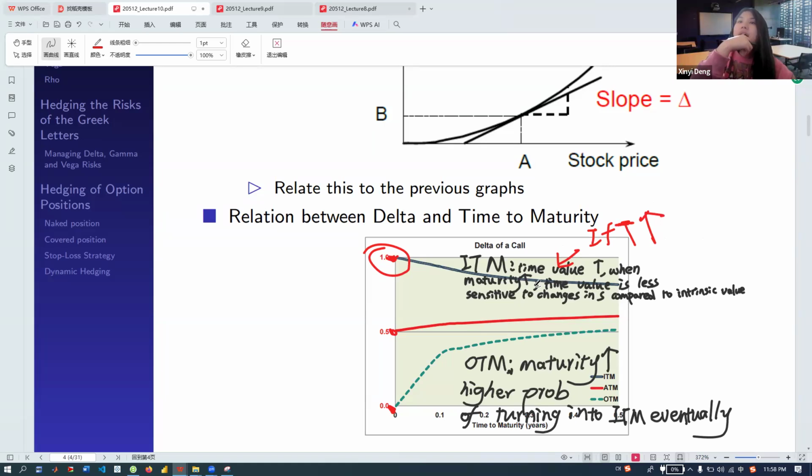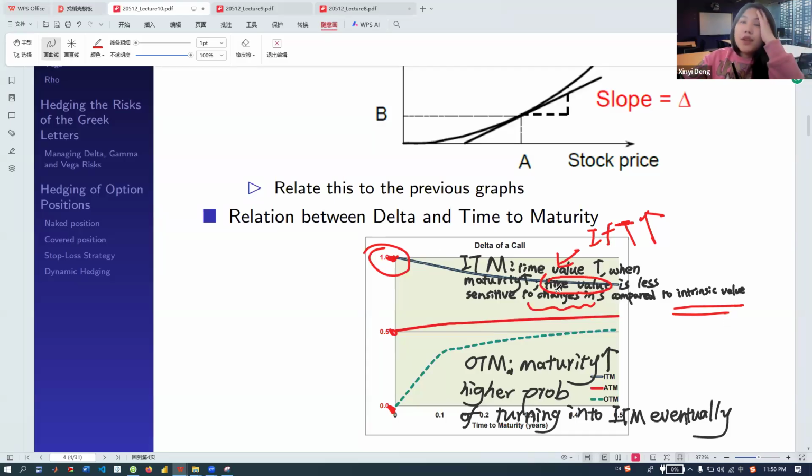But note that intrinsic value is more sensitive to changes in S, whereas time value is less sensitive to changes in S. So if you are having greater weight on time value, which is less sensitive to changing S, then obviously your sensitivity to S is going to drop, right? That's the intuition of this downward sloping blue solid line.